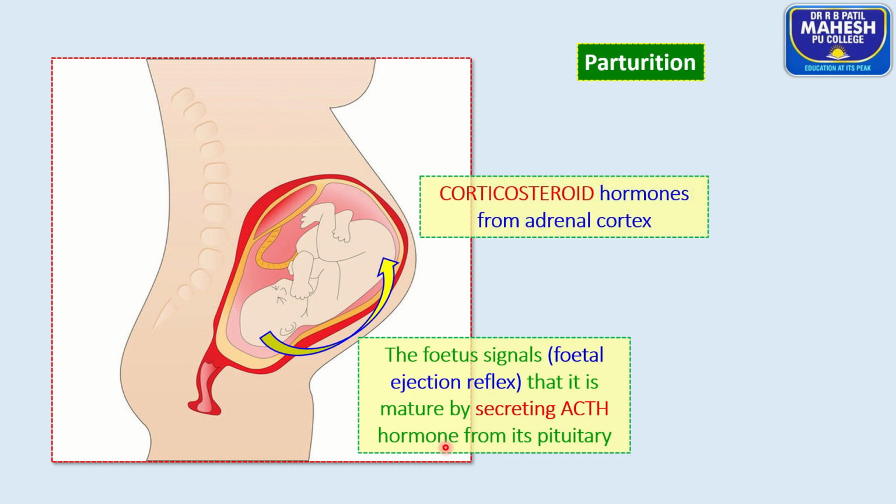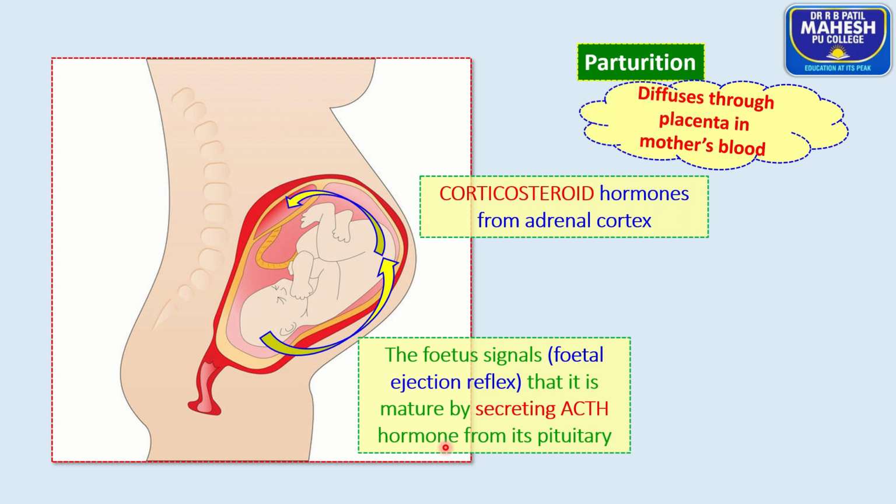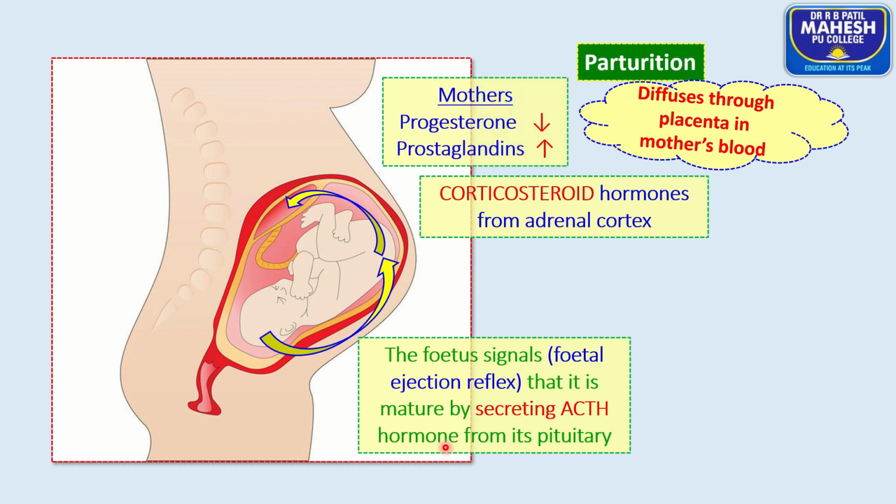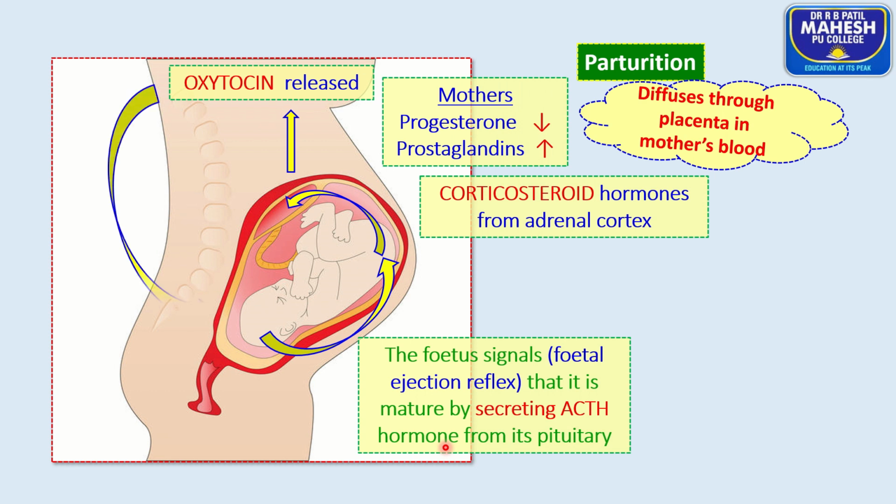The corticosteroid hormones from the adrenal cortex diffuse through the blood, through the placenta into the mother's blood, and finally reach the pituitary gland. So the posterior lobe of the pituitary gland induces the oxytocin hormone.